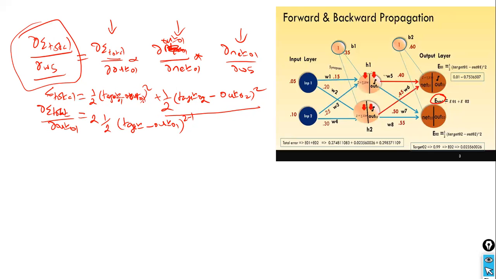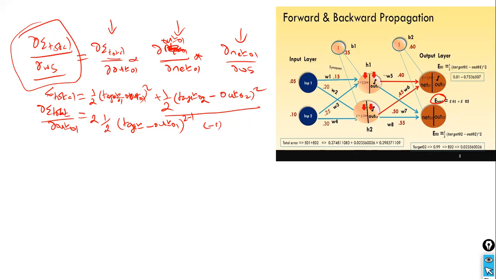Now we need to take the partial derivative of the inside function. What is the coefficient for out O1? For the negative out O1, the coefficient value is 1. Hence, when you take the derivative of this inside function, you are left with minus 1 here.